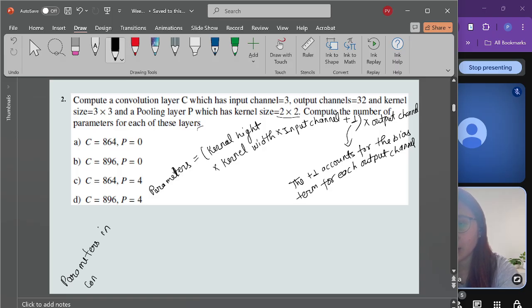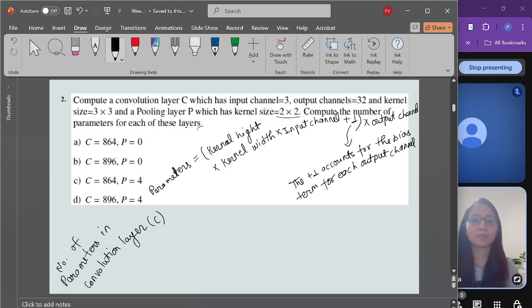In the convolution layer, let's say it is C. Here you can write the number of parameters in the convolution layer. For this convolution layer, the input channel is 3, the output channel is 32, and the kernel size is 3 cross 3, that means one is the kernel height and another is the kernel width. So just put all those things.